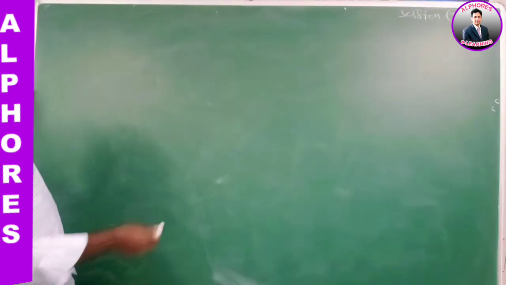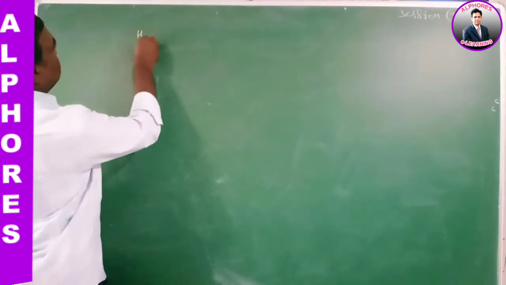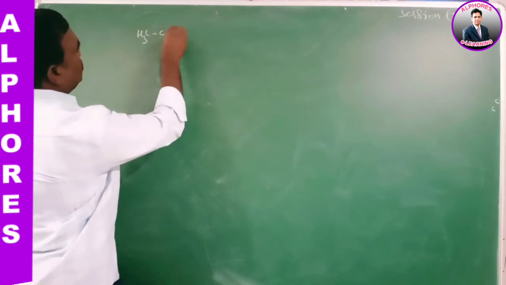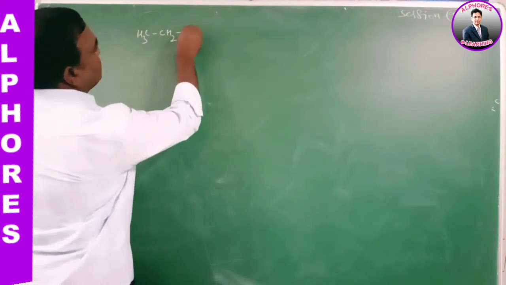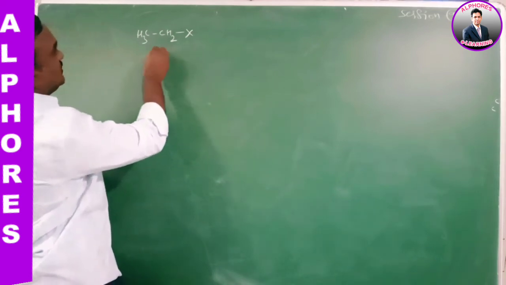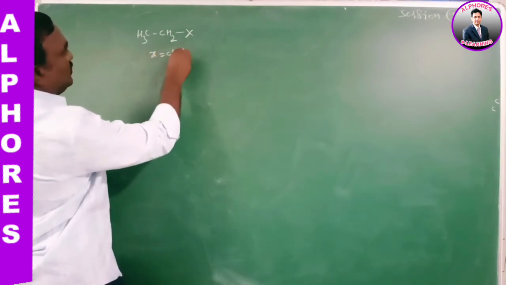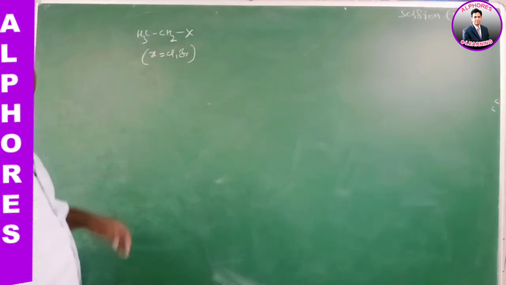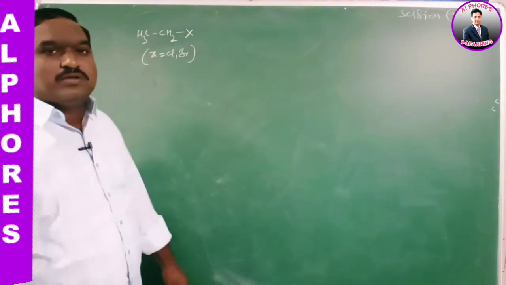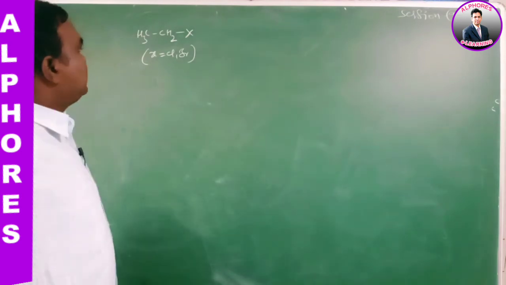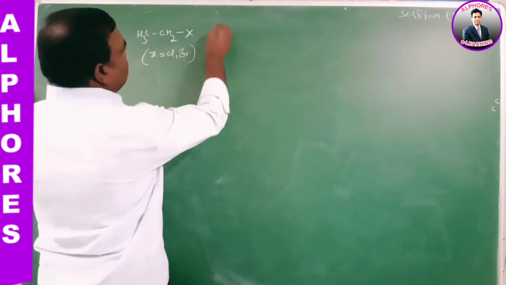For example, here CH3CH2X is given, where X is chlorine or bromine. Ethyl chloride or ethyl bromide, it doesn't matter in this case.